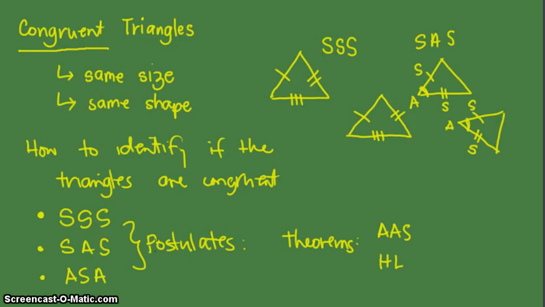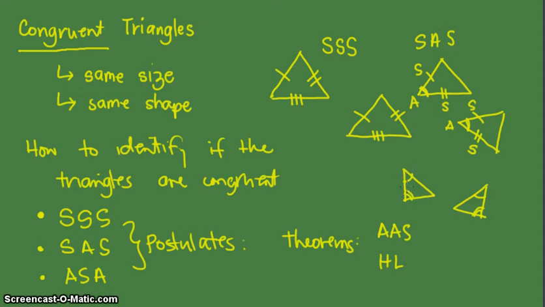In the same way, the third postulate is ASA. So let's create two triangles again. This triangle as compared to this triangle. ASA means if I know that this angle is equal to this angle, and this angle is equal to this angle, so note, I have two corresponding angles that are the same.